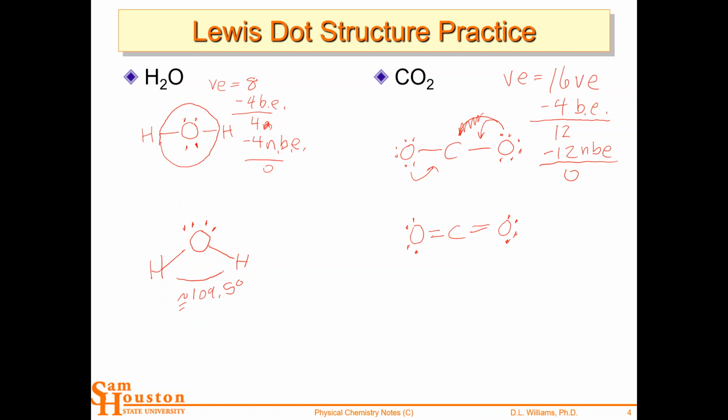So now the carbon has 4 bonds around it, 2 electrons each, so it has 8. And the oxygen didn't lose any electrons, it just shared more. And so it also has 8 electrons. So the octet rule for carbon, nitrogen, and oxygen, that's satisfied.